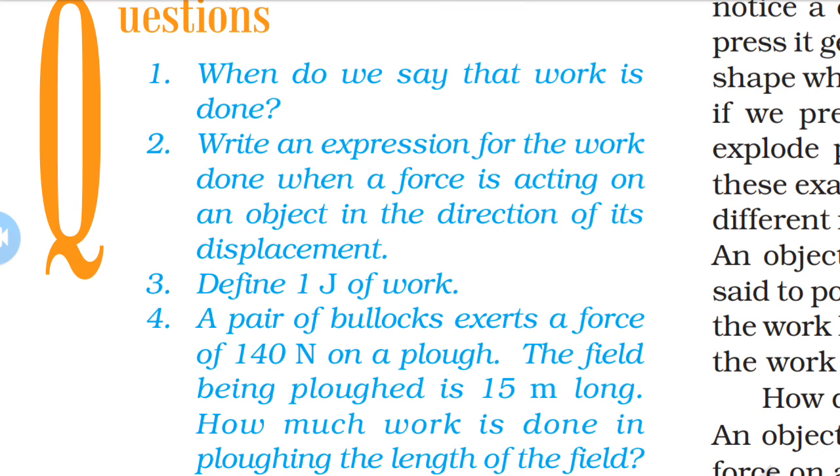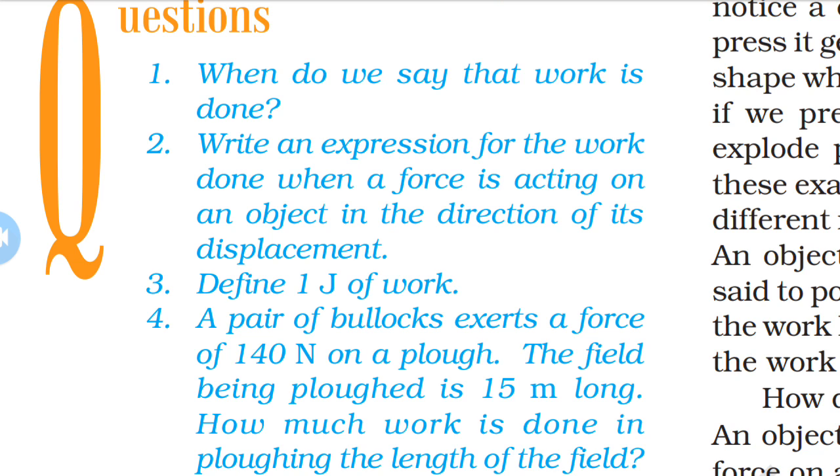Next question, a pair of bullocks exerts a force of 140 Newton on the plow. The field being plowed is 15 meter long. How much work is done in plowing the length of the field? Now here force F is equal to 140 Newton and displacement is 15 meter, and we have to find out the work.